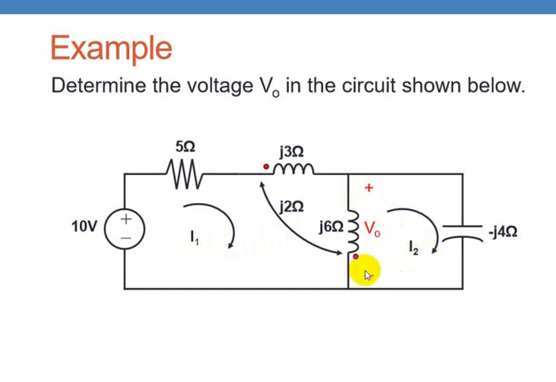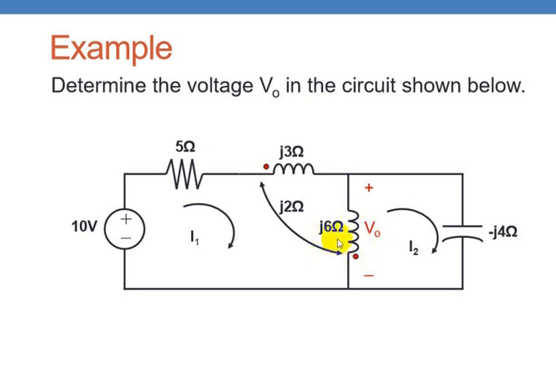Then for the given polarity, the voltage across this will be equal to I1 minus I2 into j6 plus the drop in the mutual inductance for this inductance.